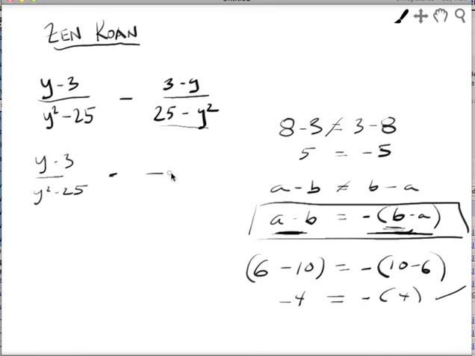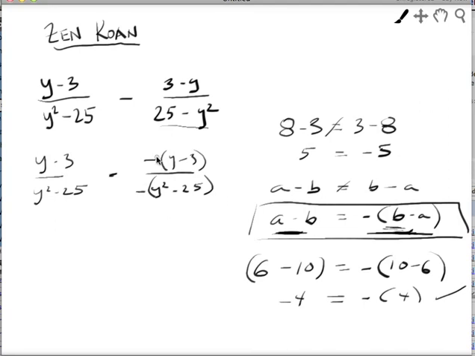So I can replace 25 minus y squared by the quantity, the opposite of y squared minus 25. And I can also do that with the 3 minus y upstairs. All I have to do is put a minus sign and reverse the subtraction. And these two are exactly equal.